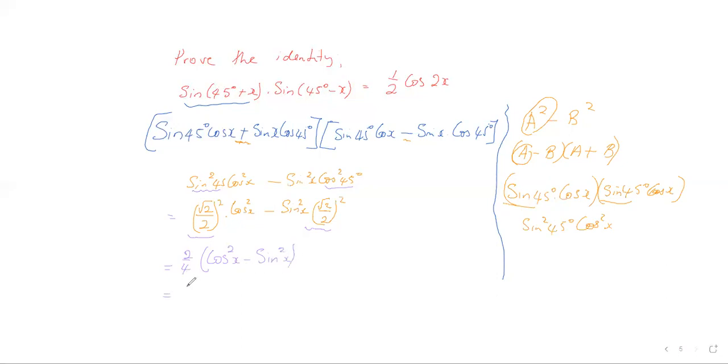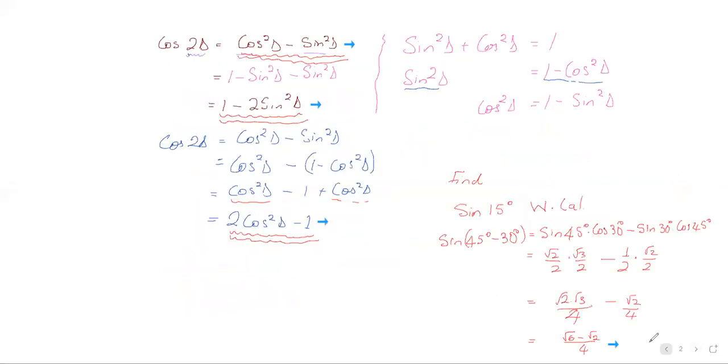This 2 here goes once, 2 here 2 times cos squared x minus sine squared x. Now, what is cos squared x minus sine squared x? If you go back here, cos squared x minus sine squared x is the same as the cos 2x.